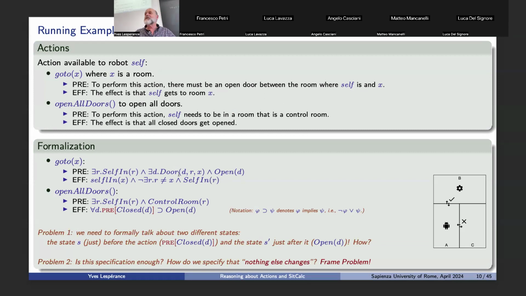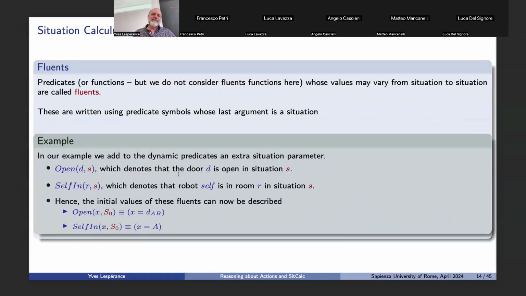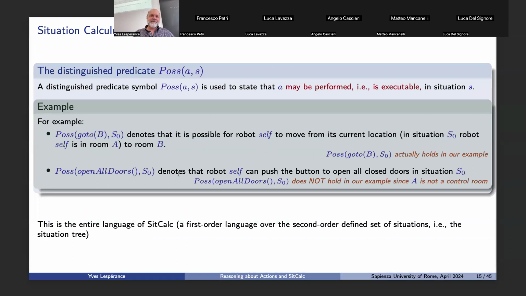Because there's no door connecting A to A. Similarly, the atomic sentence Poss open all doors, S0 says that the agent can push the button to open all the closed doors in situation S0.